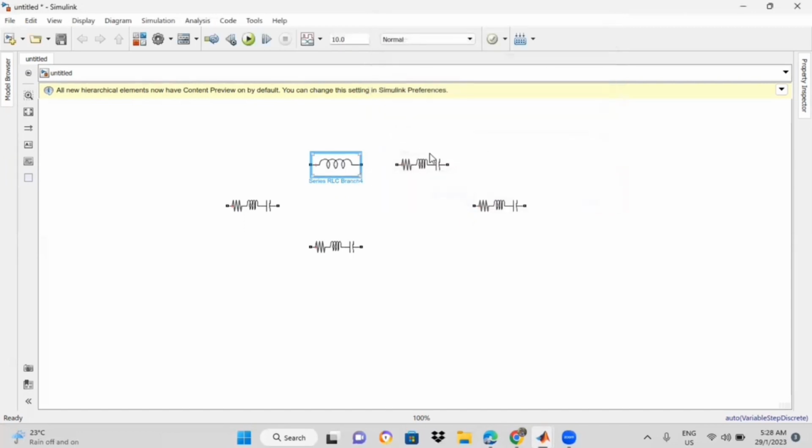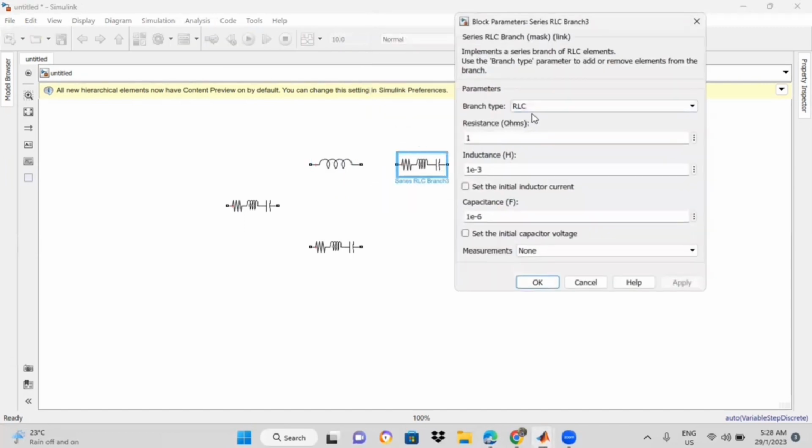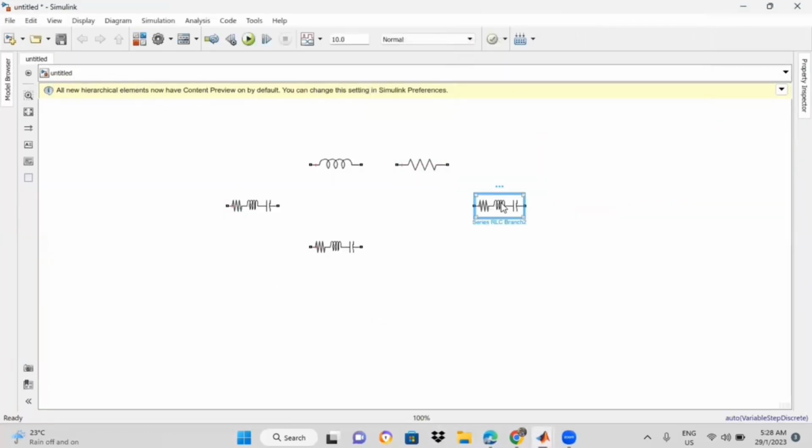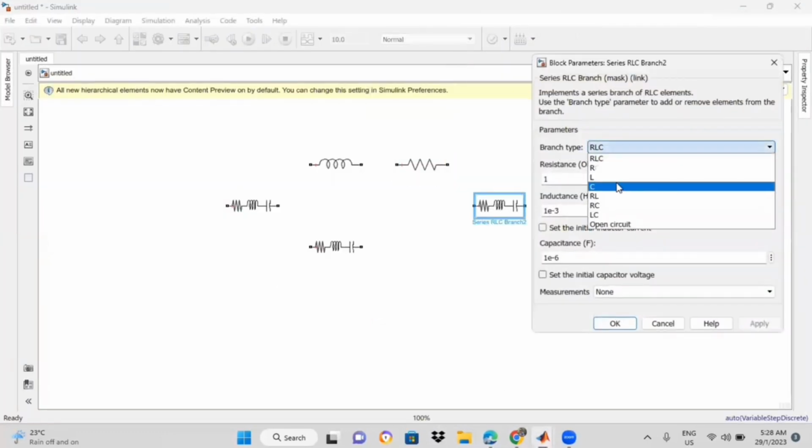So for this one, we use an inductor and insert the value of the inductor. And then the next is a resistor. Still the same, we need to insert the value of each component.